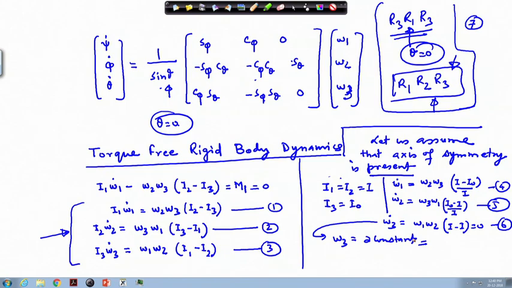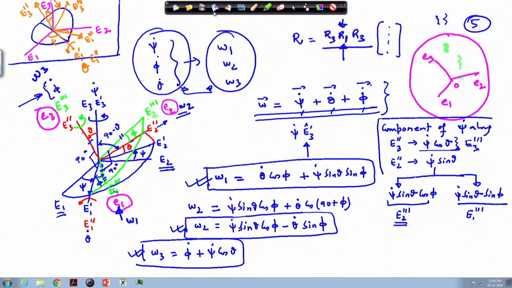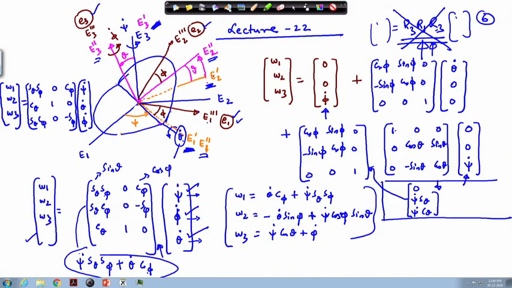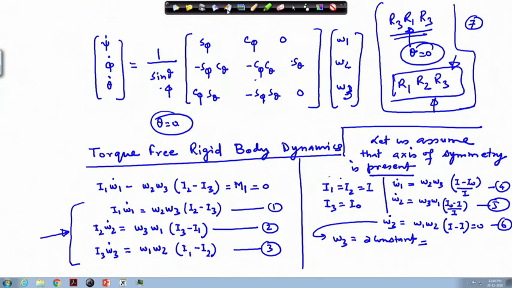That is, if we go to the previous page and look here, omega 3 equal to phi dot plus psi dot cos theta. So this quantity is omega 3, and this is omega 2.